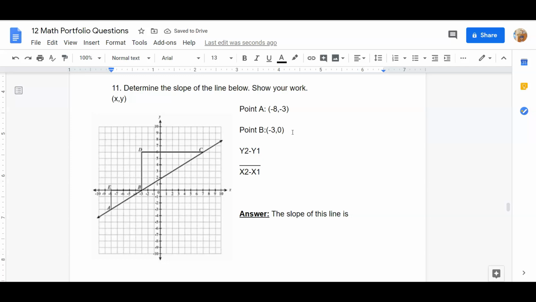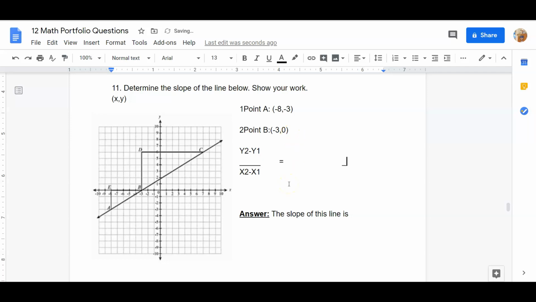Here's something that I want you to understand. These two coordinates are going to be how you find the slope. In order to find the slope, you need to take coordinates y2 and y1. What do I mean by y2 and y1? Let's say A is 1, B is 2.